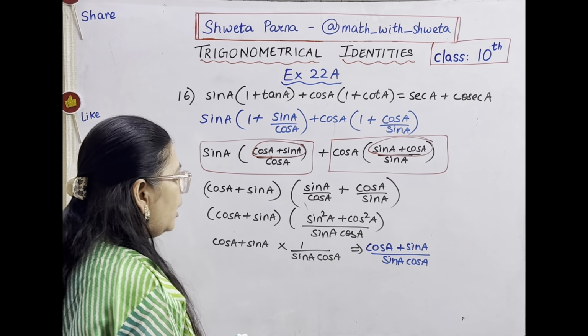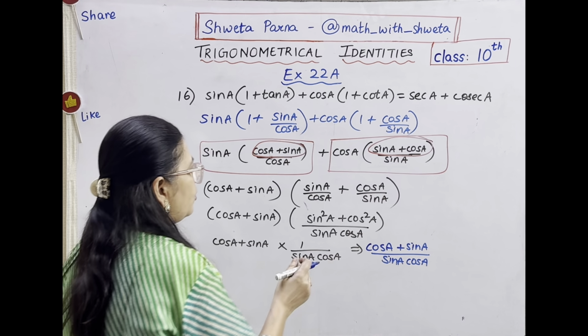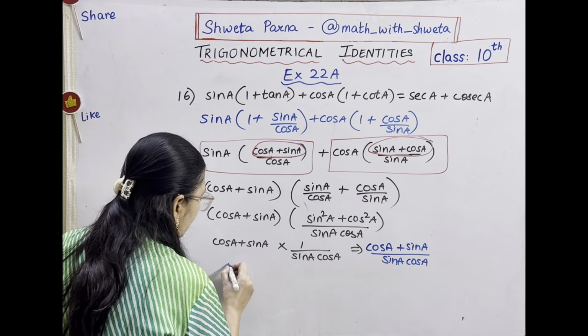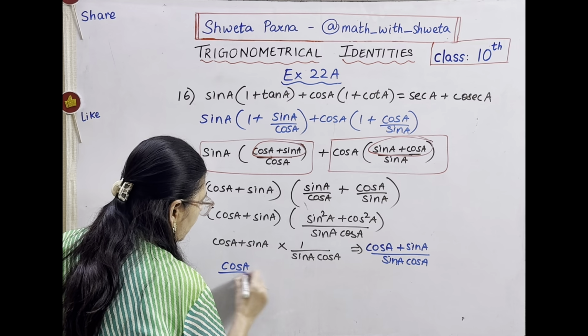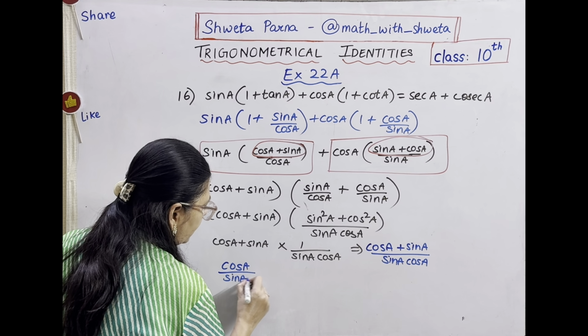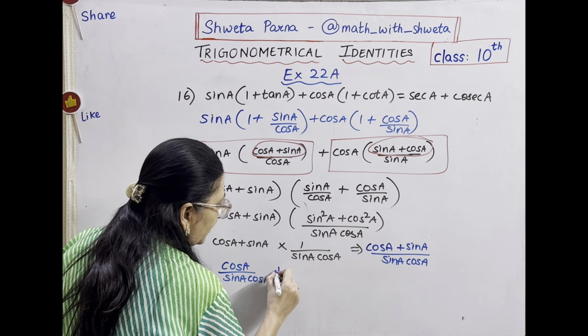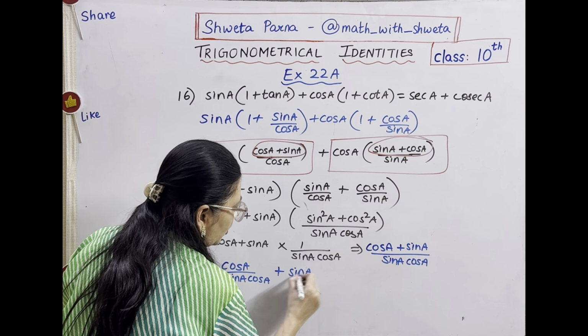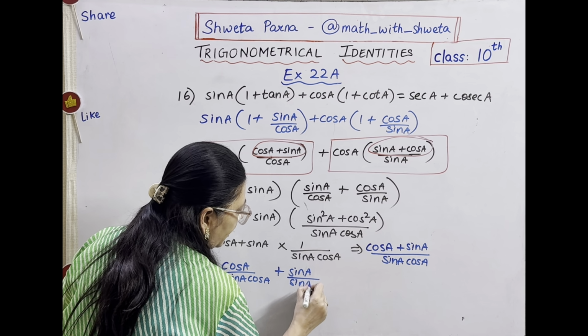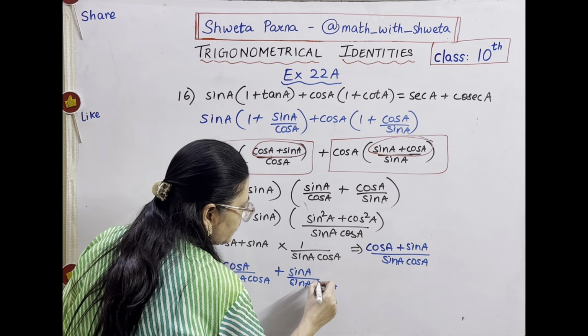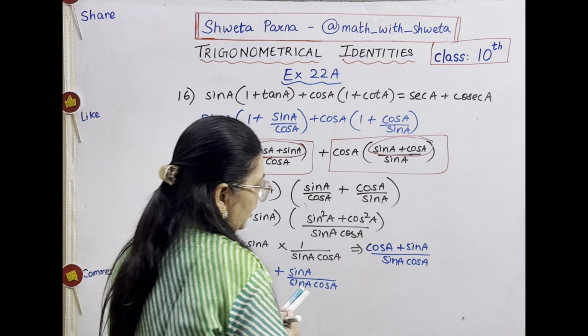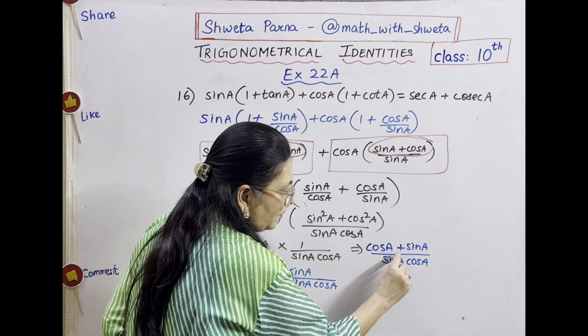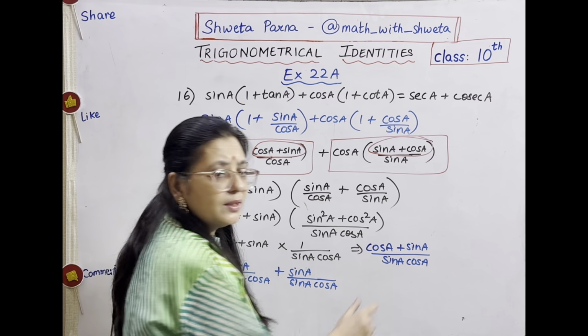Now let's separate it. So when you separate it, you will get cos A upon sin A cos A plus sin A upon sin A cos A. Clear? See, this the whole upon this plus this the whole upon this, right?